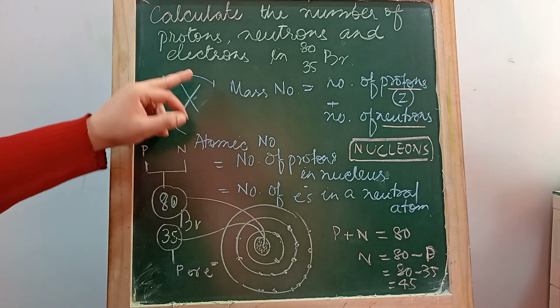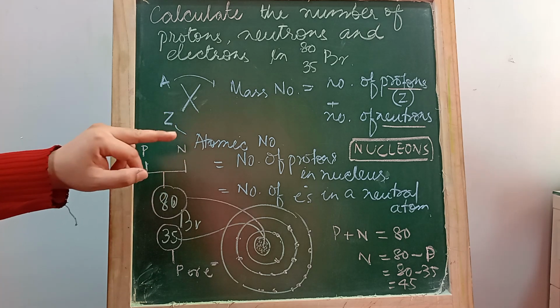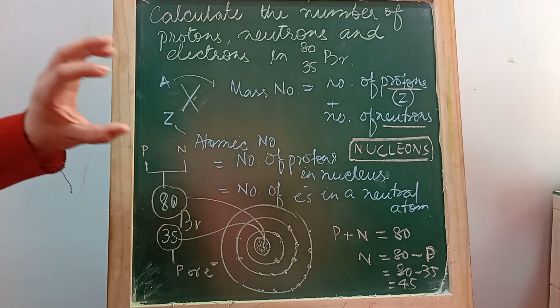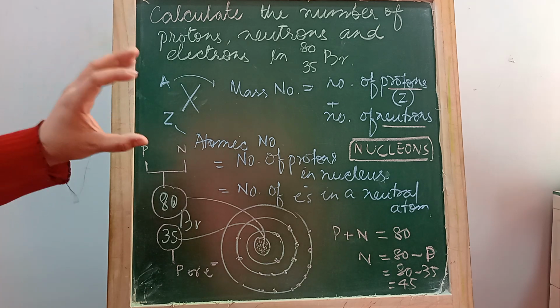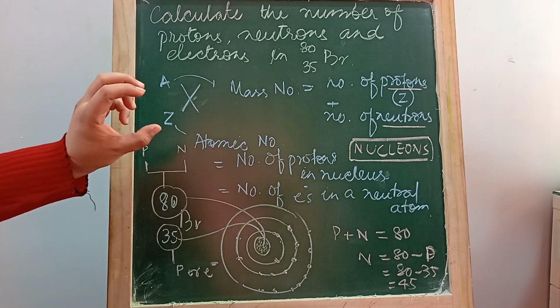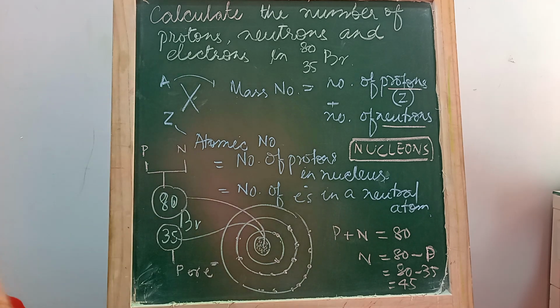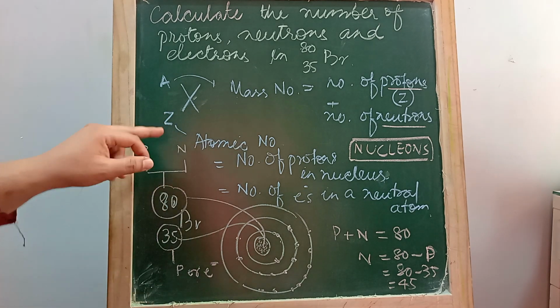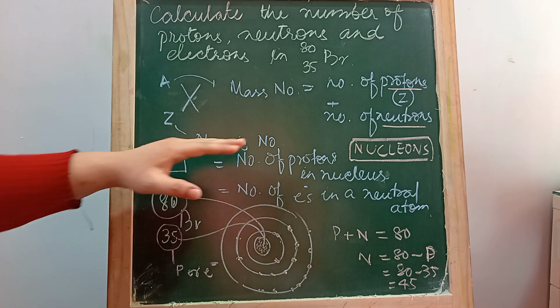When we write any element with the symbol of an element, suppose X, an atom is defined. The most important characteristic of an atom, which determines which element the atom belongs to, is the atomic number, and the symbol is Z. And what does atomic number consist of?